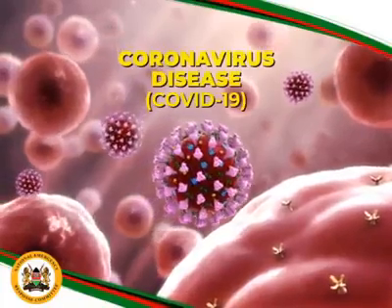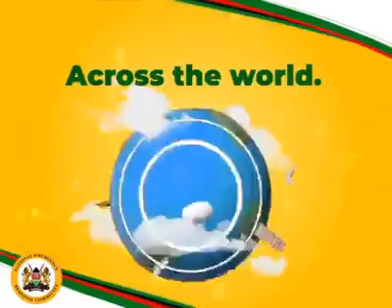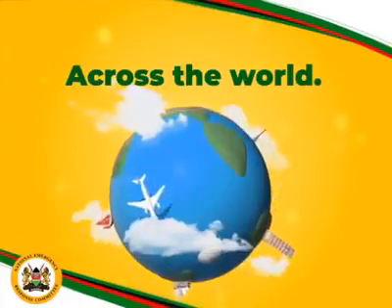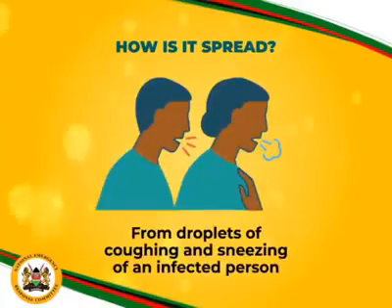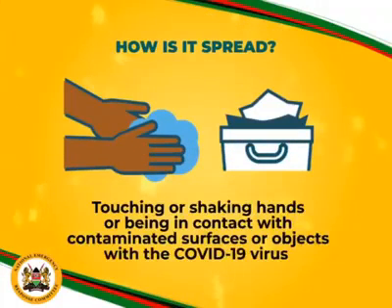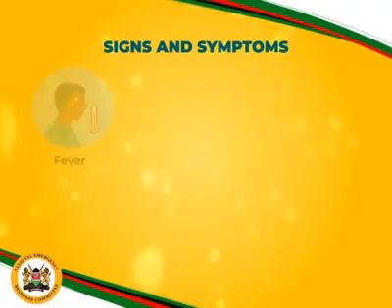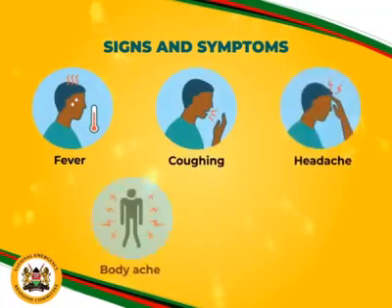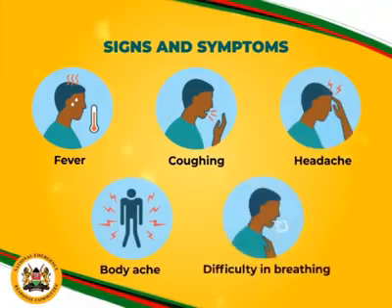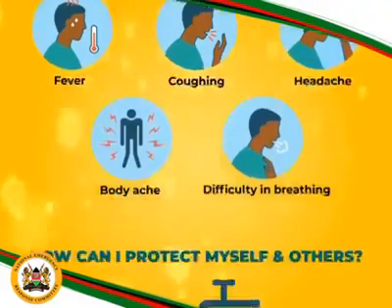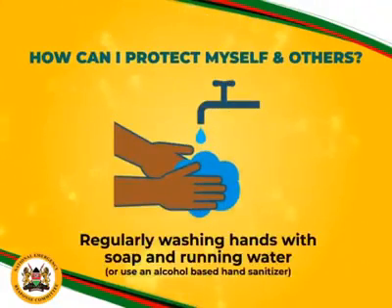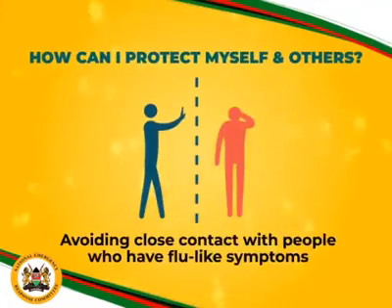Coronavirus COVID-19 is a respiratory virus spreading across the world. The infection is spread from droplets of coughing and sneezing of an infected person, touching or shaking hands, or being in contact with contaminated surfaces or objects with the virus. The signs and symptoms are fever, coughing, headache, body ache, difficulty in breathing. The disease can be prevented by regularly washing hands with soap and running water. Avoid close contact with people who have flu-like symptoms.